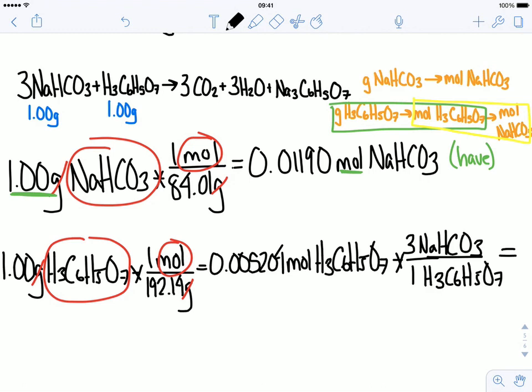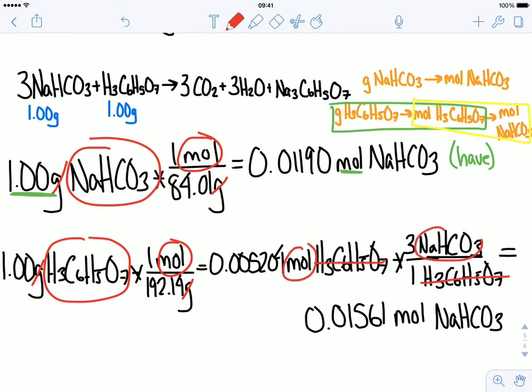Now when you put this number into your calculator, you should get 0.01561, and the unit on this is moles of sodium bicarbonate. I'm going to move this over a bit so I have some more space. The unit is correct because citric acid cancels out with citric acid, so we're left with moles of sodium bicarbonate. And so this is the amount of moles that's required to make this reaction occur.